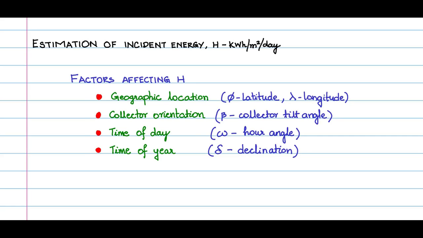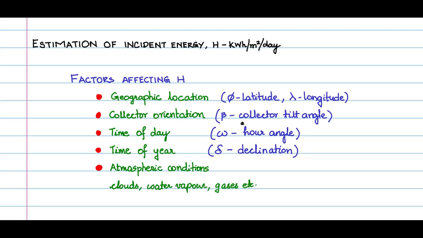All these parameters which I have listed are fairly deterministic. However, the one that I am going to now say, which is the atmospheric effects, is the one which is most difficult to estimate. The atmospheric conditions like cloud conditions, water vapor content in the atmosphere, gases present in the atmosphere, etc. All these things affect the incident solar energy.